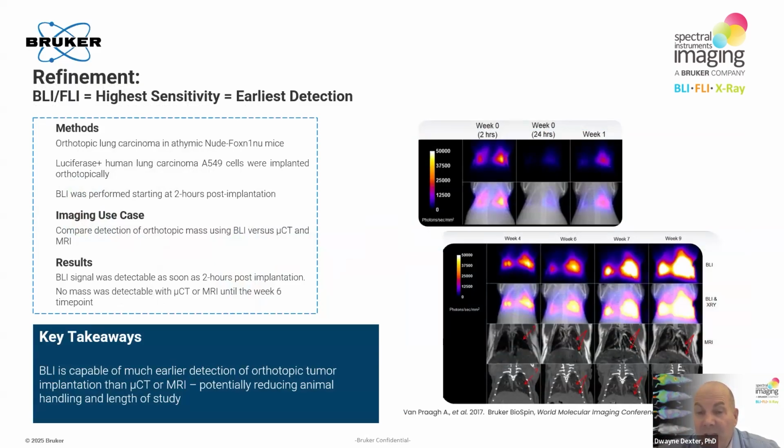So you can see that we can detect within hours of orthotopic injection of the A549 cells. So again, it just gives you an example of the sensitivity and early detection. And then these mice were subsequently kept on study for a number of weeks where other imaging modalities were used. But you can see that within days, we can use bioluminescence and fluorescence, whereas MRI or micro-CT takes several weeks.